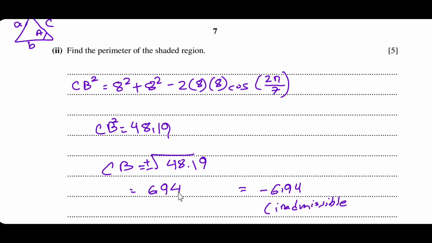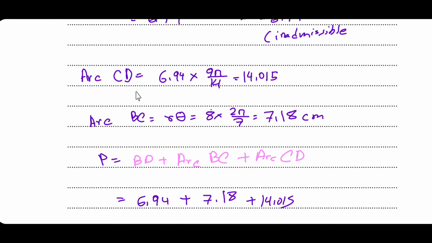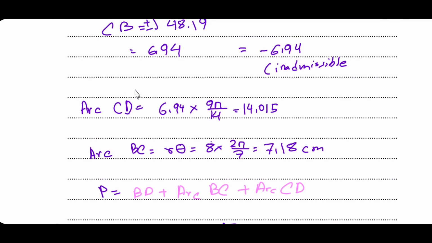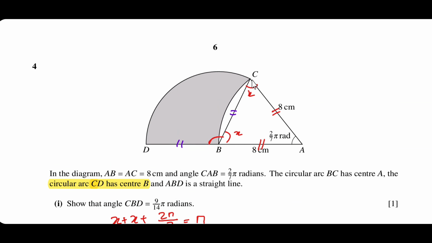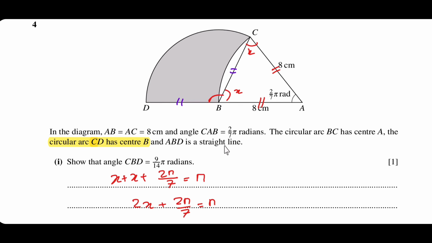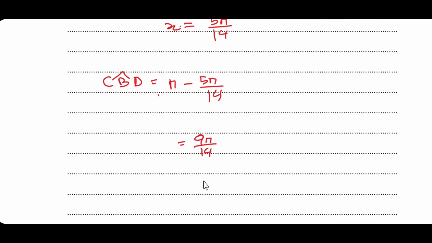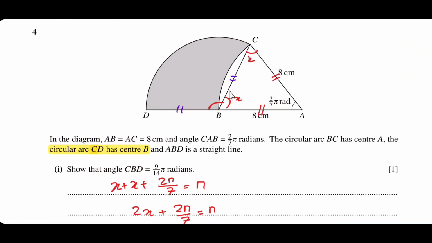Since this is a length, to find the arc CD, we have found the angle CBD initially, that comes to be 9 pi by 14. So we know the angle and we know this length that we found earlier.